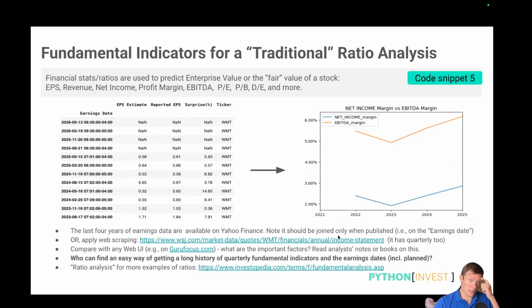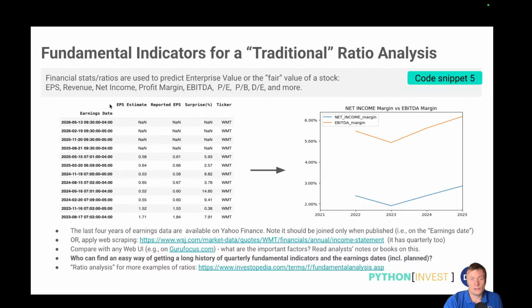Next we have fundamental indicators and the traditional ratio analysis. What do I mean here? You saw the file home assignment number 1_Amazon. It had earnings dates for the last 25 years.